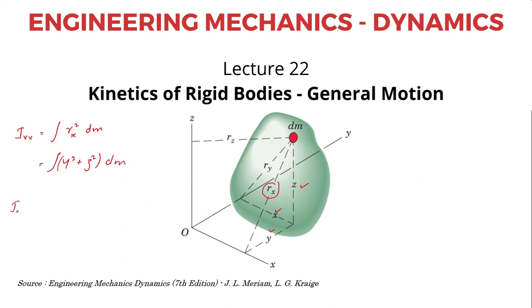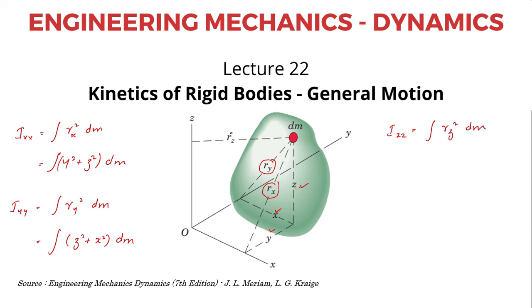Similarly, Iyy is integral ry square into dm. Here, this is the corresponding value of ry. Ry I can represent in terms of z and x. So this will be equal to integral z square plus x square into dm. Similarly, Izz is equal to integral rz square into dm.